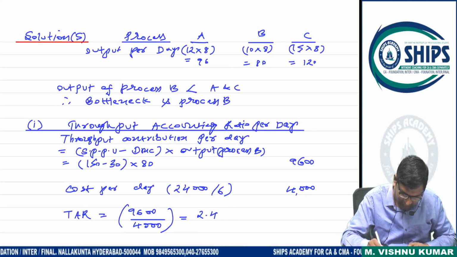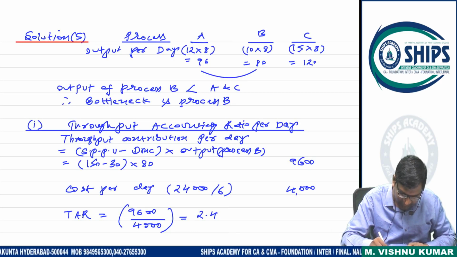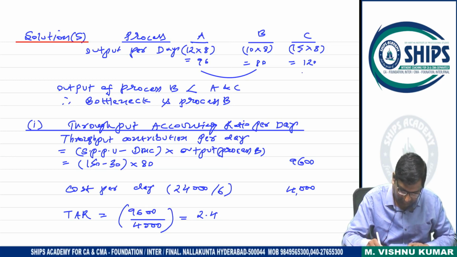if you check all these departments as compared to department A, the output of B is 16 units less. So first it has to increase the units in such a way that at least department A's maximum capacity is used. They cannot directly increase to 120.